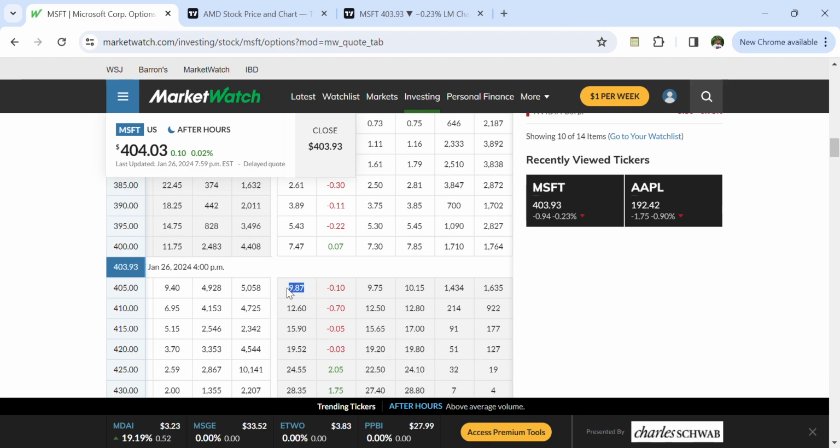Now we are talking about puts. This one here, as I'm showing on my screen, at 9.87, this put is in the money. The 405 put is in the money if the stock price is currently 404, and the 400 put is out of the money if the stock price is currently 404. So this is in the money and out of the money.